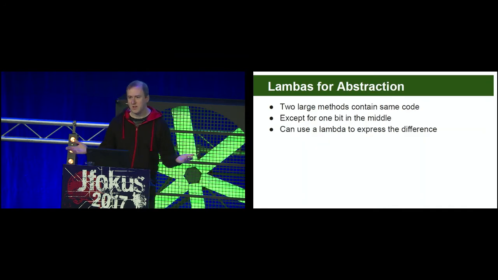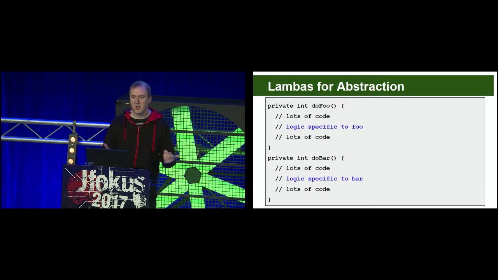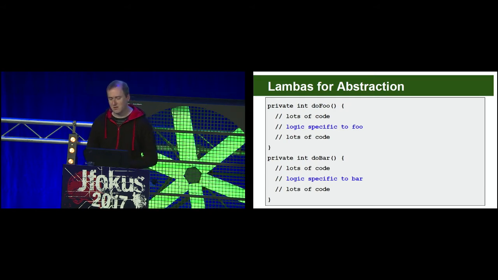So why would we use these lambdas? Well, you've probably come across cases where you had to cut and paste some code simply because there was some little difference in the middle. This is a kind of example of that. So we've got two methods, doFoo and doBar. They're almost identical except for one little bit of logic in the middle. Now, this is what lambdas are great at dealing with.